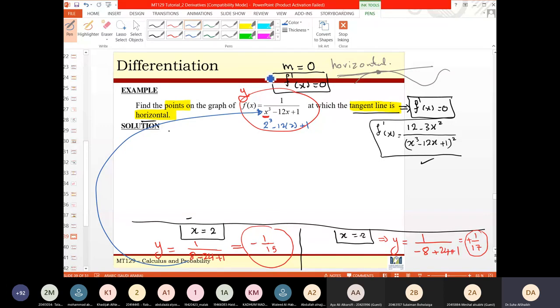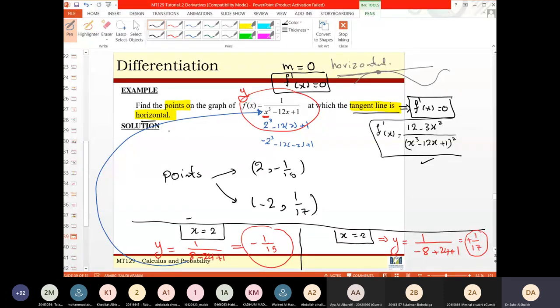And if I substitute with minus 2, it will be minus 2 to the power 3 minus 12 times minus 2 plus 1. So we got 2 points. The first point is 2 and minus 1 over 15. The second point is minus 2 and 1 over 17. So those are the 2 points where the tangent line is horizontal.